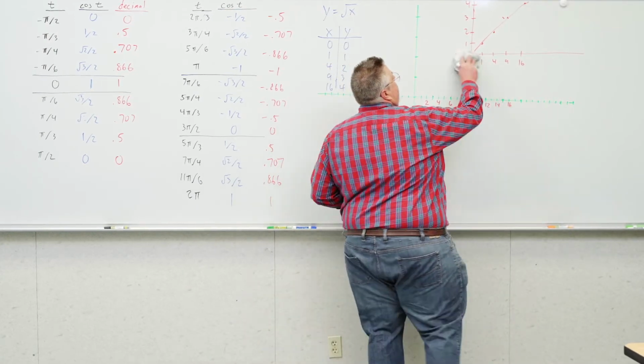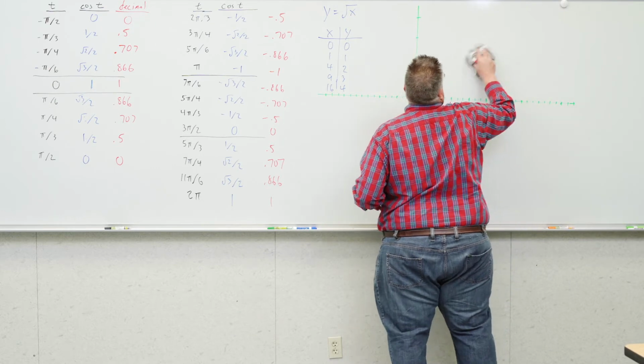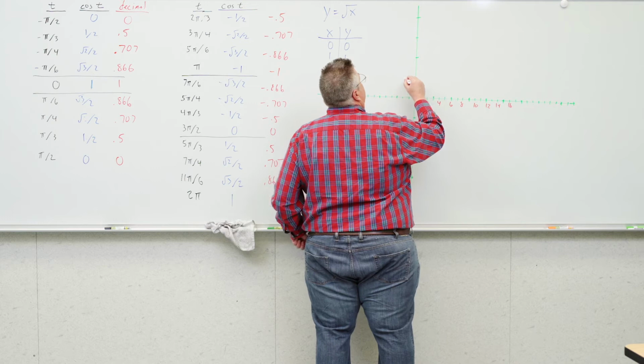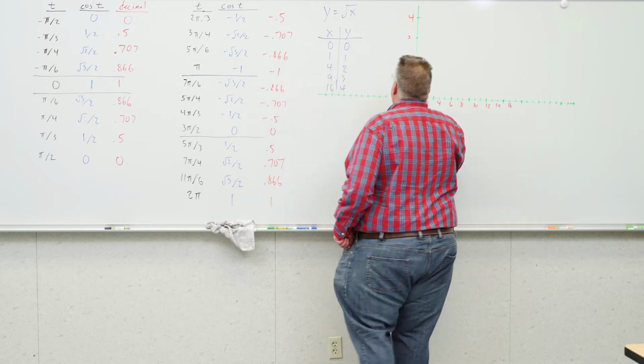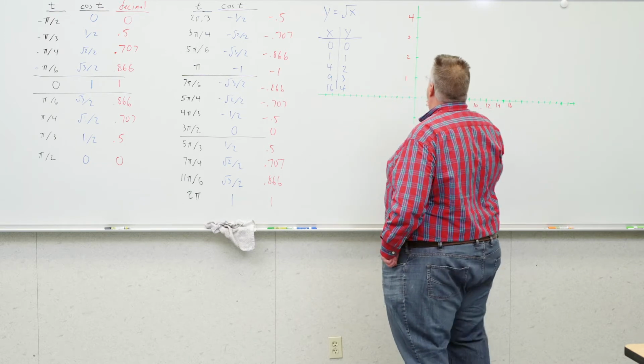And to graph that, again, you don't need to put this in your notes. I'm just doing it as reference. 1, 2, 3, and 4. Am I writing big enough to show up on the video? Okay.